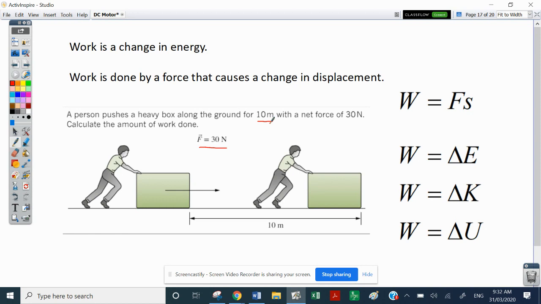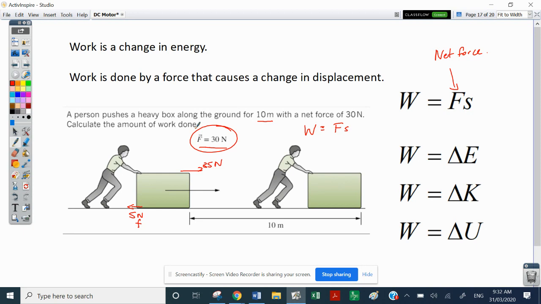Well, we know that work is equal to Fs, okay? Now this force is the net force. So with this fellow here, there might be 5 newtons of friction going backward, and that would mean that he would be pushing with 35 newtons forward, but the total force all up becomes 30 newtons.